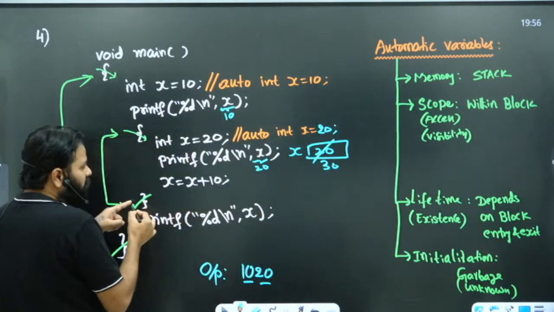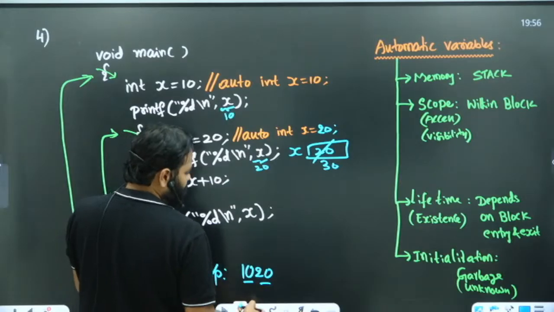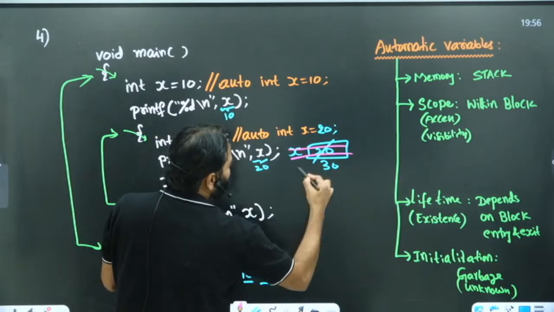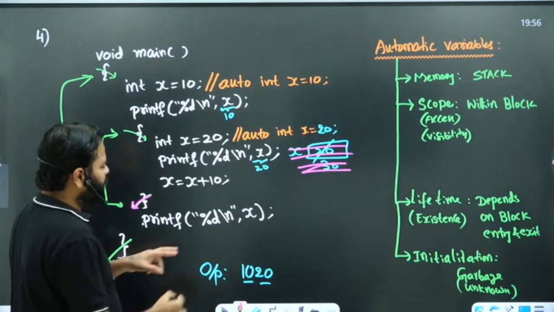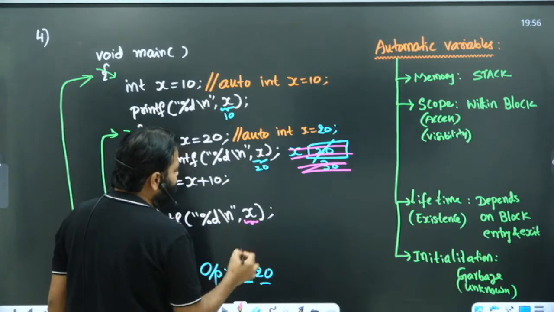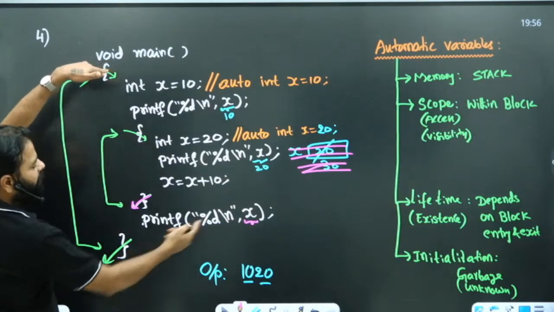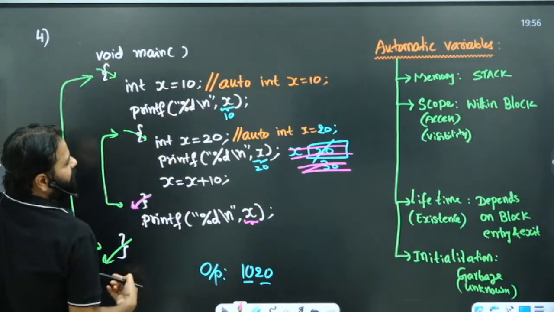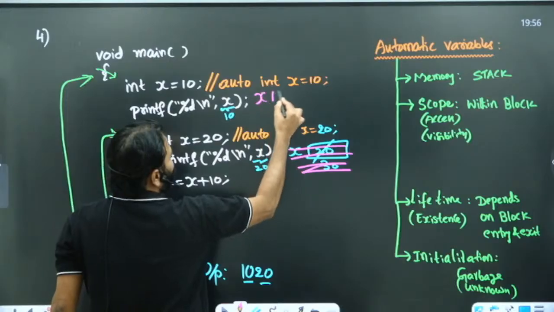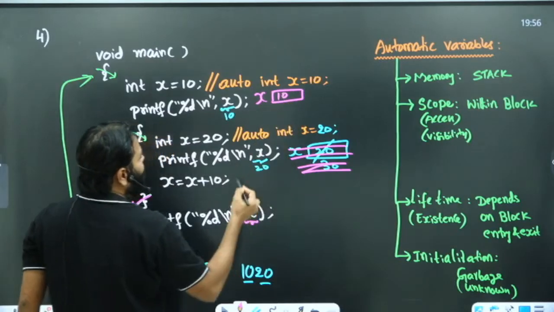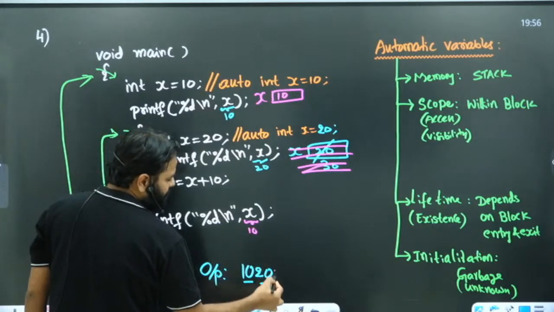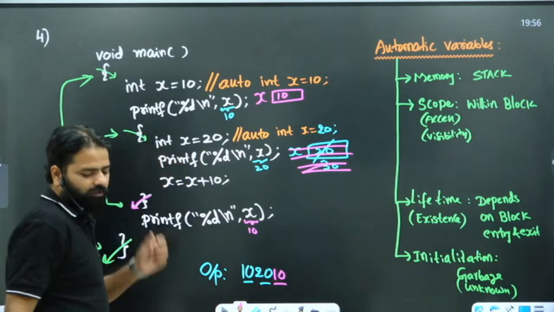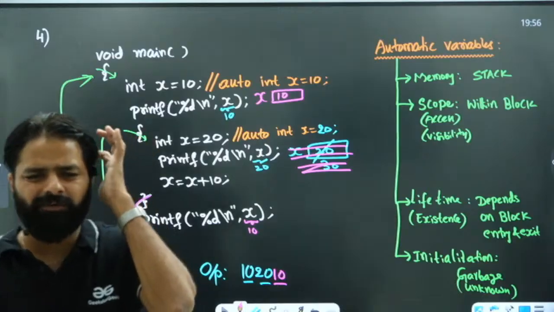When you are going out, this memory is deleted. Then when you come here, in this scope, the only X there is 10. The 10 is still there, and that will be deleted only when you go out. Here 10 is printed. So 10, 20, 10. Everybody knows, right?